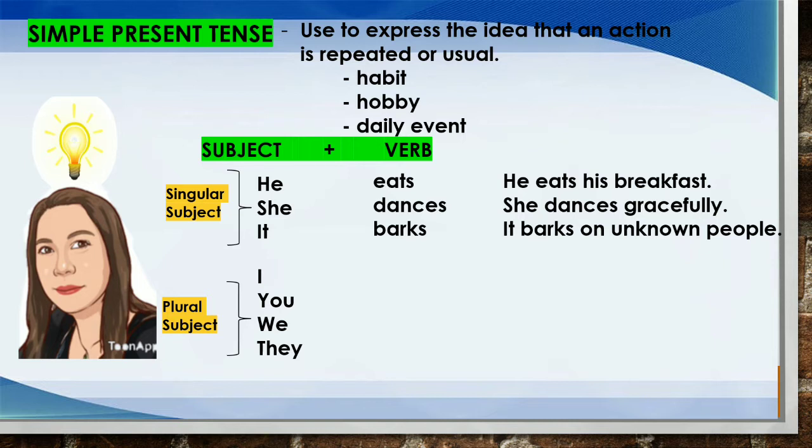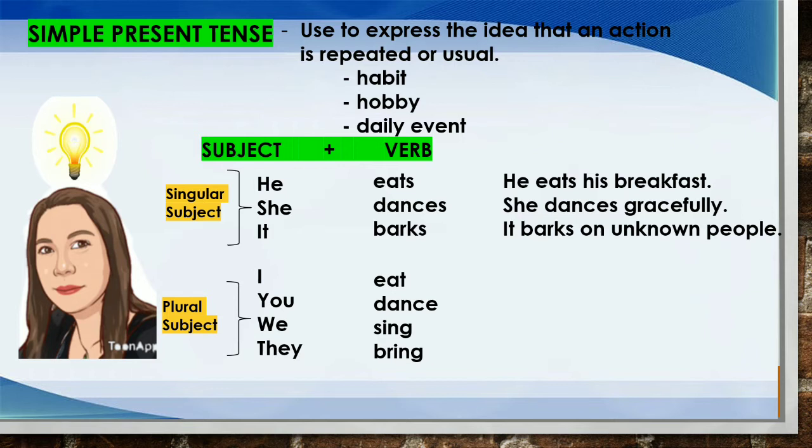Okay. Let us have examples with a plural subject. If we use a plural subject with a plural verb, we notice that the verb in a plural form doesn't have an S, as it is in the simple present tense.